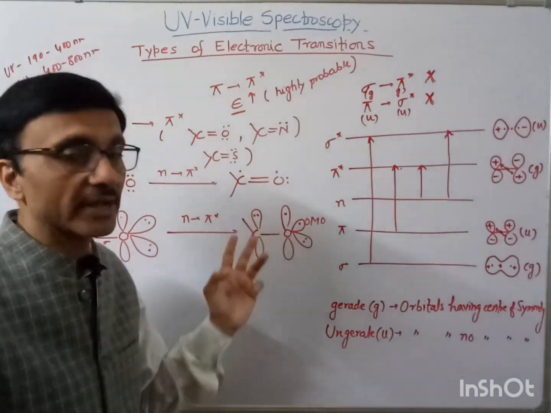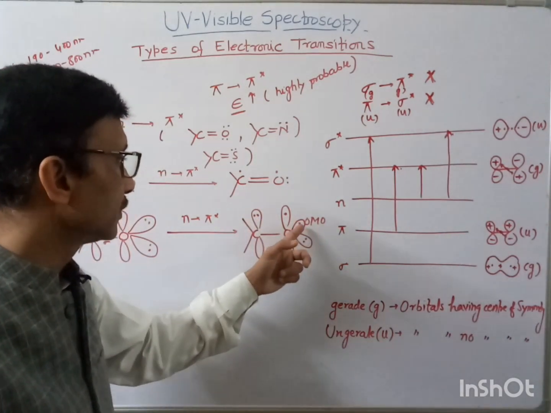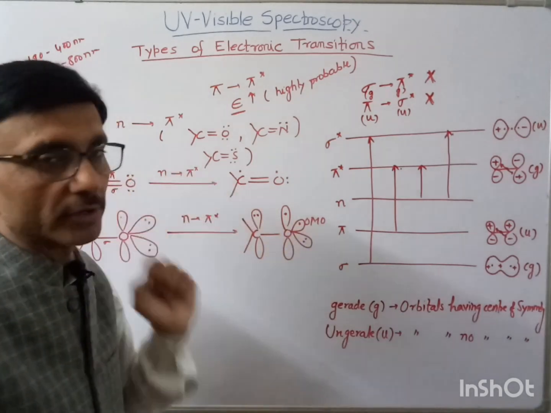So one of the electrons from the non-bonding orbital gets excited into the anti-bonding molecular orbital.